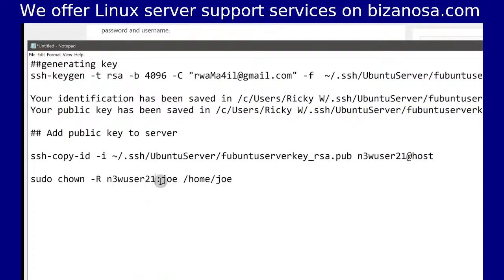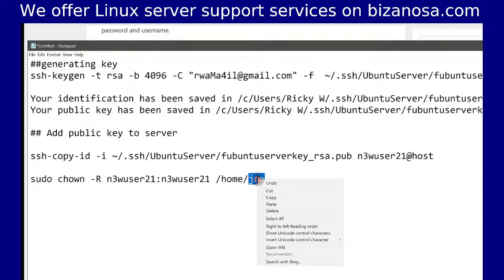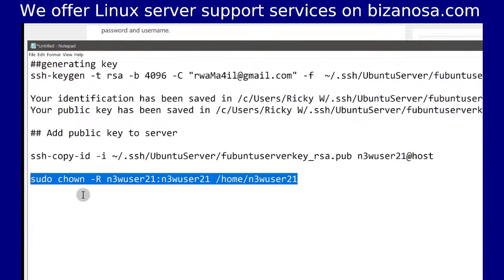Paste the group of Joe, and then the user of Joe, you give it the user that you created, and then of course the home directory folder, you want it to be this guy. So everything inside there, you're giving permission to this guy. You're giving ownership to this new user. You're giving ownership to the group and to the user for anything inside of this, and the public key that we added is inside of this folder.